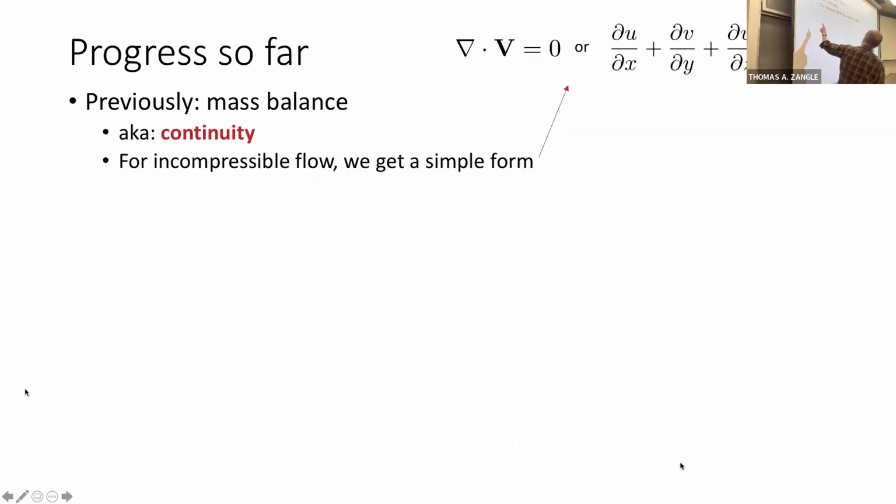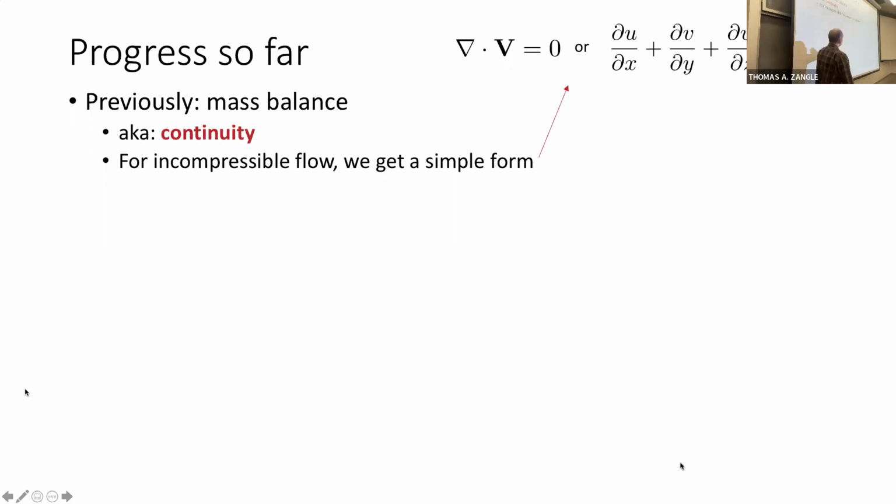So we have mass balance, sometimes also called continuity. For incompressible flow, we get this simple form: del dot v is 0, or du dx plus dv dy plus dw dz is equal to 0.